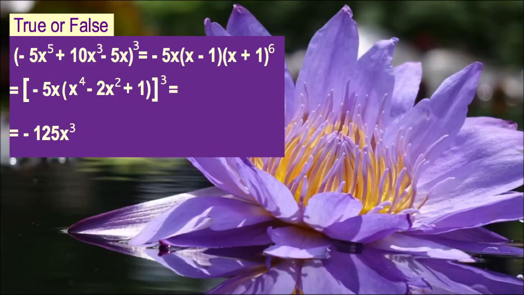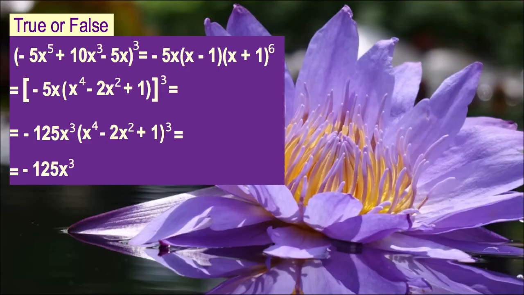Negative 5x raised to the third power is negative 125x cubed times the quantity x to the 4th minus 2x squared plus 1, everything cubed, which equals negative 125x cubed times the quantity x squared minus 1, everything raised to the second power, everything raised to the third power.